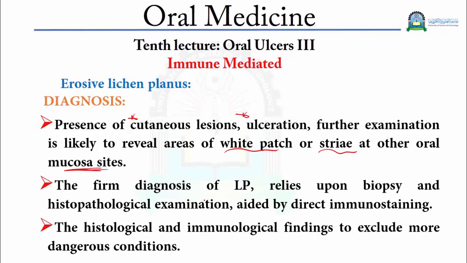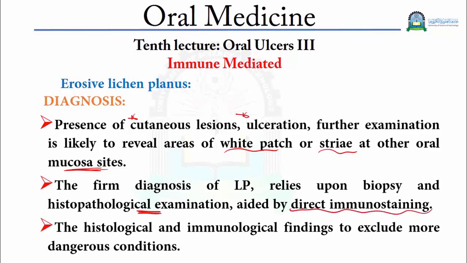So you need to find the white patch or white striae to reach the final diagnosis clinically. The firm diagnosis of lichen planus relies upon the biopsy and the histological examination. The definite precise diagnosis should be made upon the histopathological test aided by direct immunostaining.